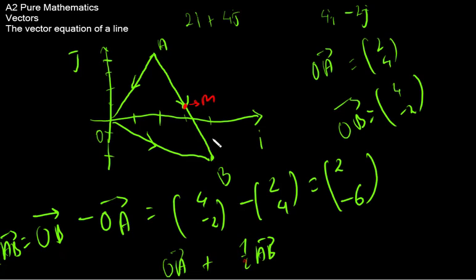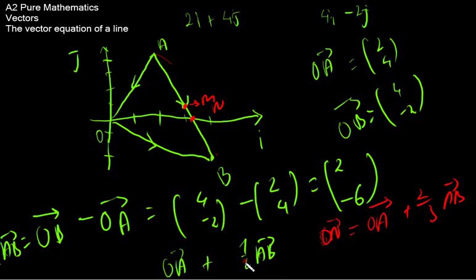If it was, say, 2/3, we would get to another point, which is point N. So ON is equal to OA plus 2/3 AB.